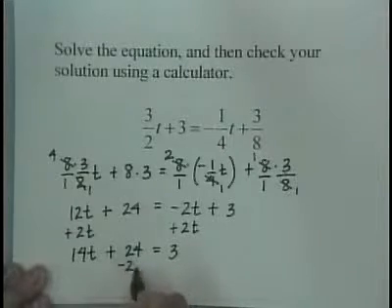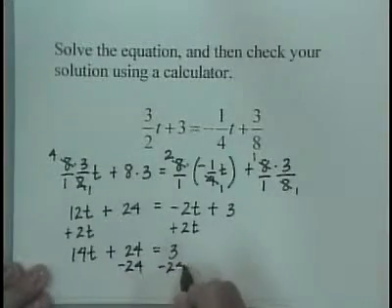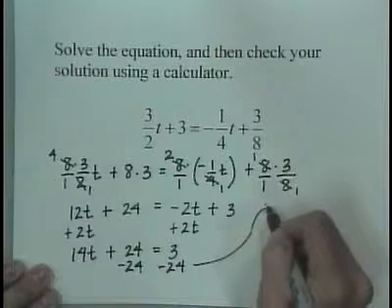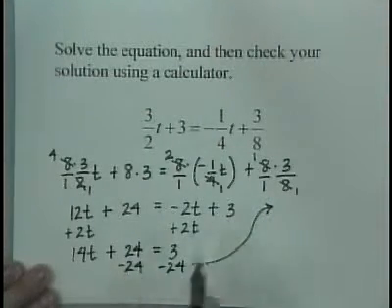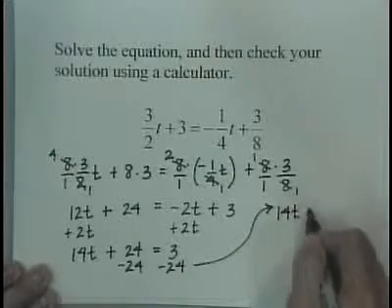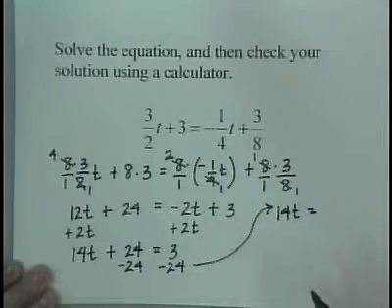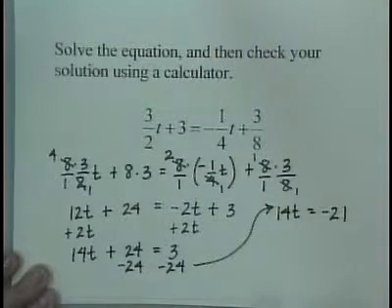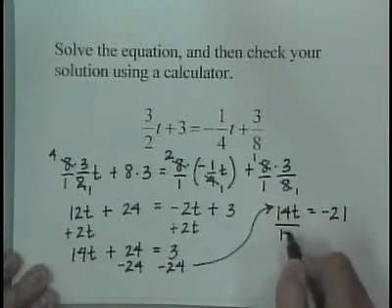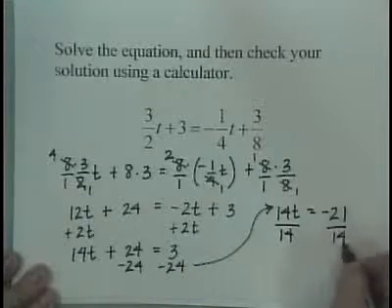Now I'm going to subtract 24 from each side of the equation, and I'll continue working over here. That will leave me with 14t on the left, and 3 minus 24 is negative 21 on the right. My final step in solving for t is to divide by 14.